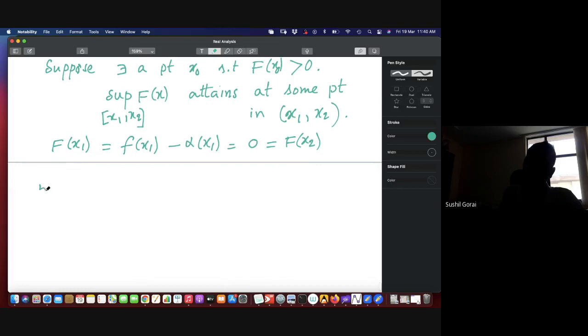So without loss of generality, we may assume that f of x naught is the supremum. So this x naught point, we don't want to bring in another point.